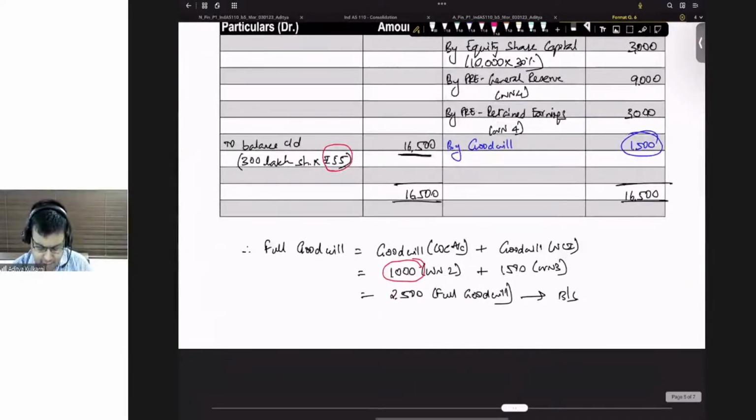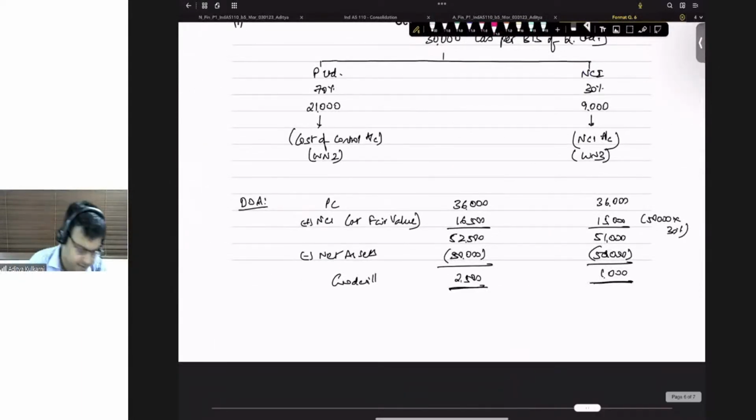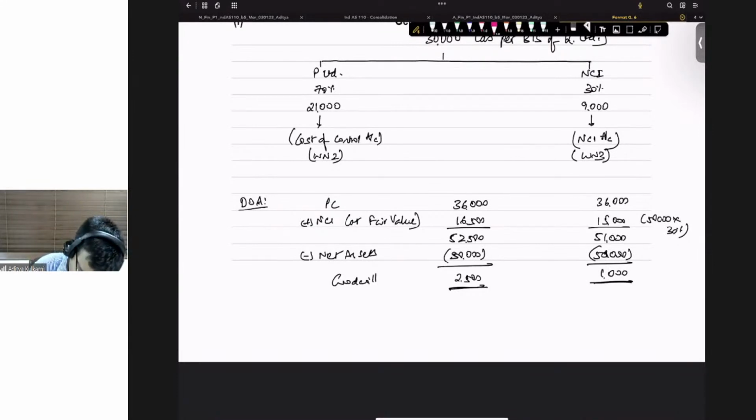And the last explanation that I have to give is elimination of intra-group borrowings. So elimination of intra-group borrowings, long-term liabilities debit to loans.